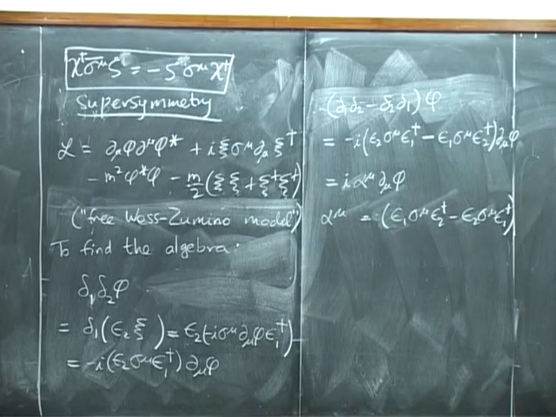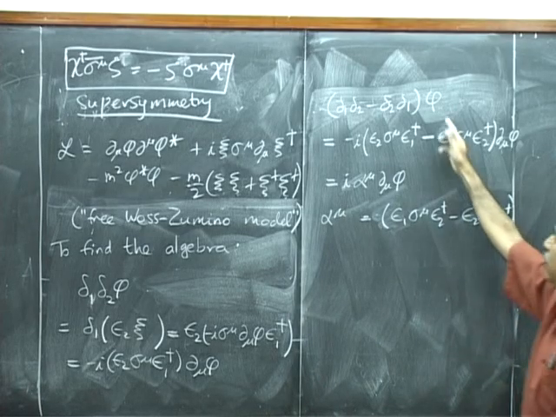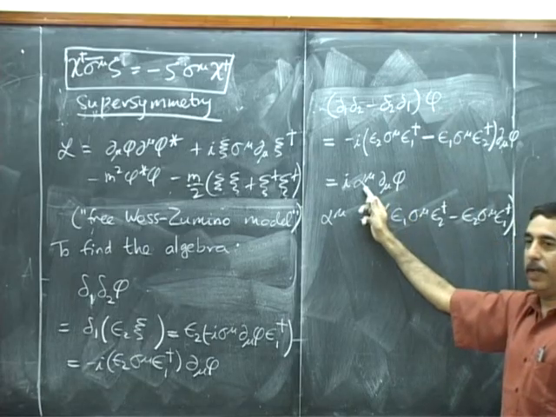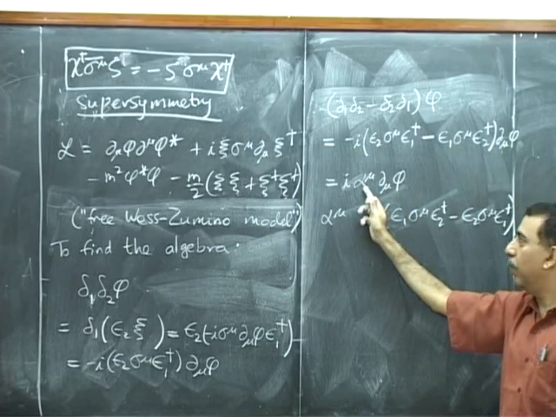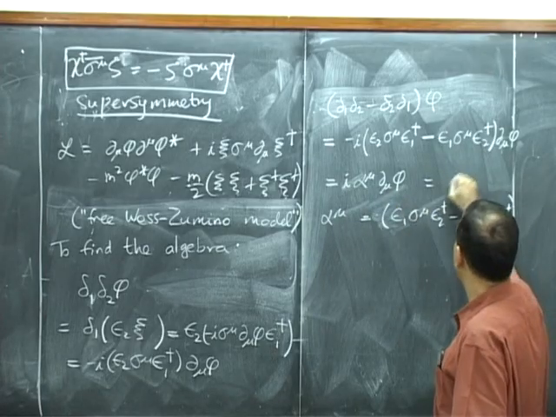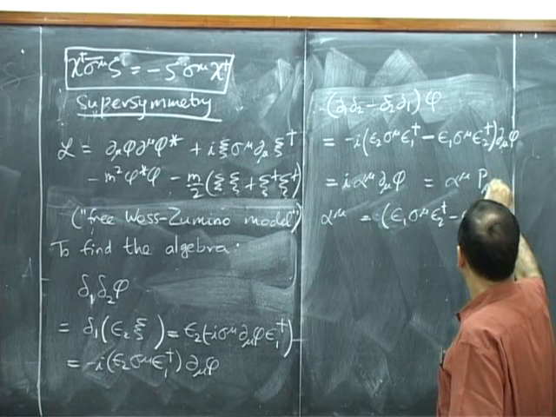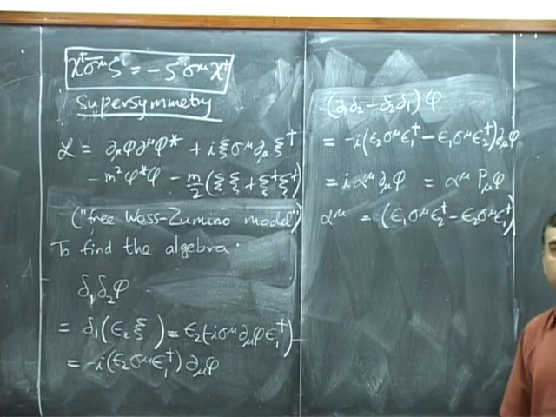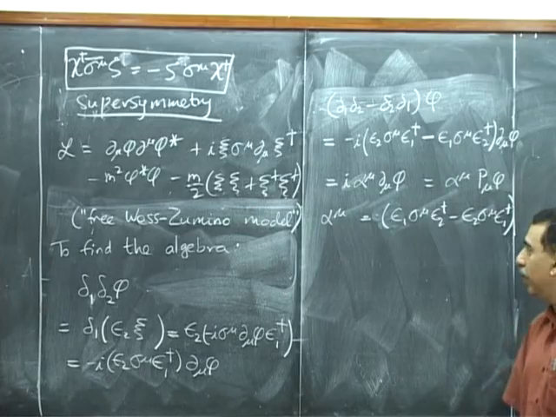Okay, so we've seen that the commutator of two supersymmetries on the scalar field is the derivative of the scalar field times some parameter. And i del mu, as you know, is p mu. So this also formally can be thought of as alpha mu p mu on phi. P mu is the momentum generator, which is represented as i del mu when it's a differential operator.